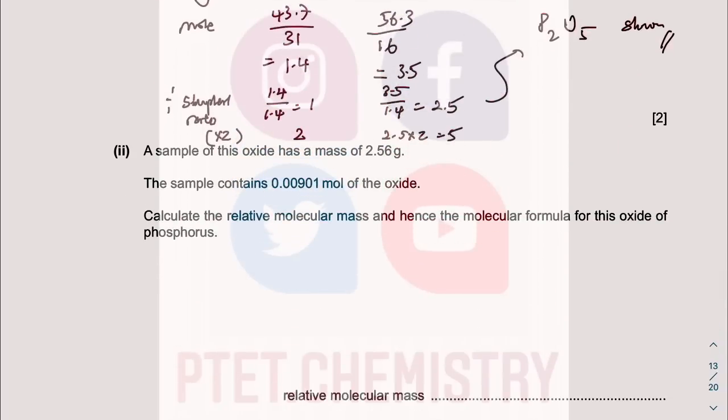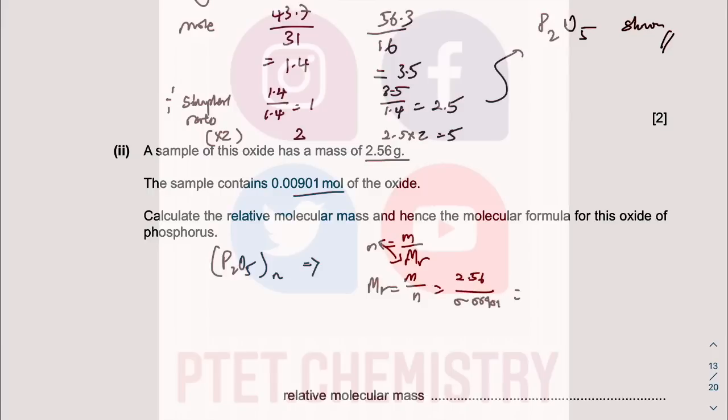So the sample contains that much mole of the oxide. This is working out molecular mass, a very standard kind of question. So P2O5 multiplied by something would give you... hang on. They give you the mole, they give you the mass. So the mole is the mass over the Mr. The molecular mass is going to be m over n. So you just move this up and the n down there. So 2.56 over 0.0901, you're going to get 284.1.